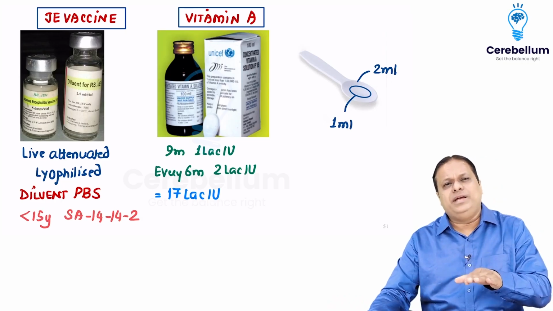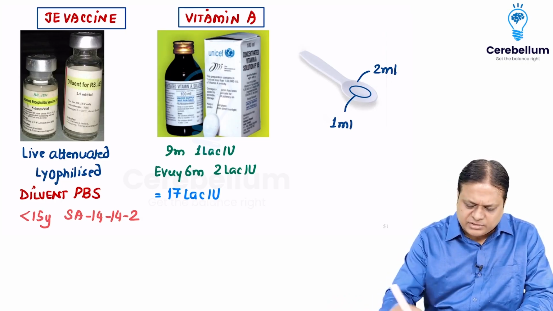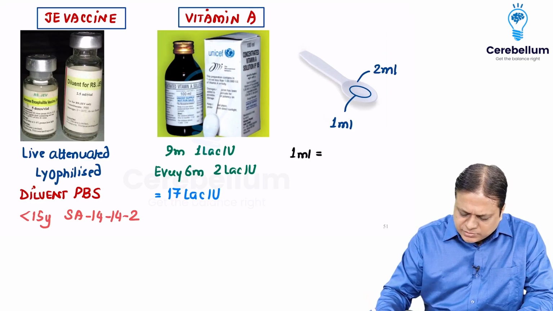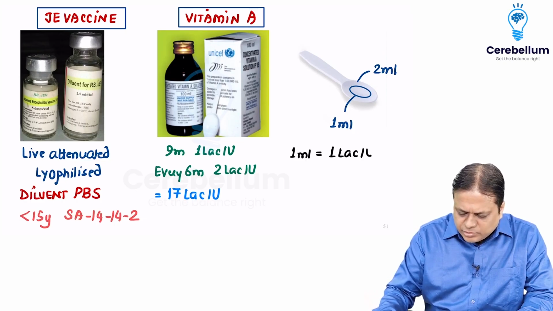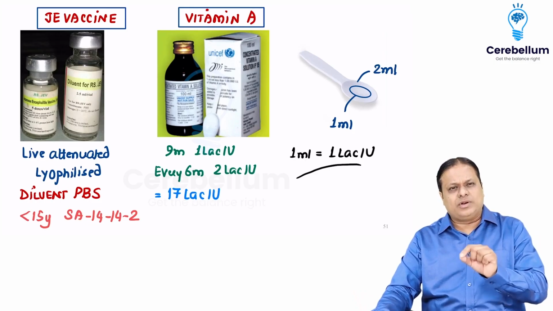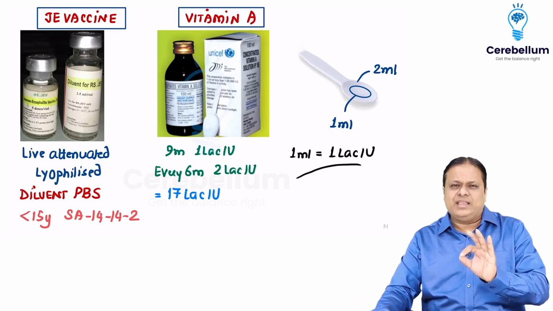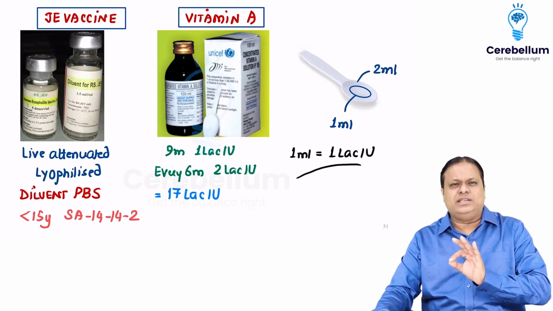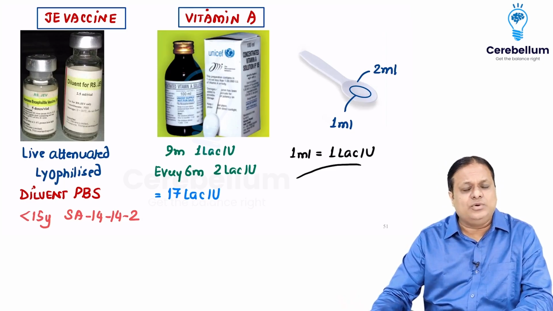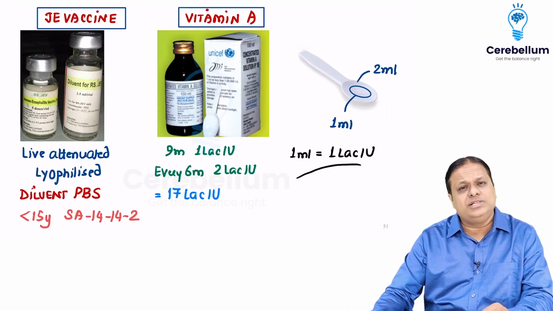Vitamin A we have deliberately prepared in India with the strength of 1 ml containing 1 lakh international units. So the health worker knows if the child is below 1 year of age, the inner mark or half teaspoon is given, and if it is a child more than 1 year, after infancy, a complete teaspoon should be given. So 1 ml at 9 months, 2 ml 8 times, 17 ml or 17 lakh international units as primary level of prevention. Specific protection should go inside the body of the child.